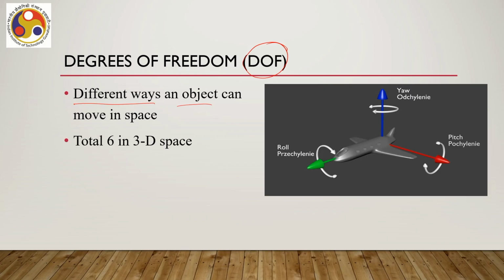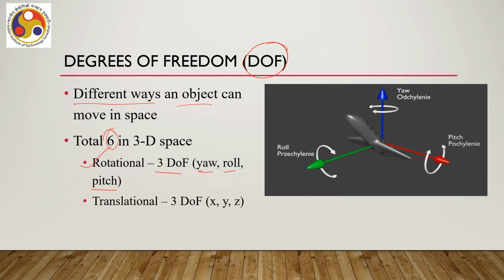So, there can be a total of 6 degrees of freedom in 3D space. There are 3 rotational degrees of freedom, which are called yaw, roll and pitch, and 3 translational degrees of freedom along the x, y and z axes.